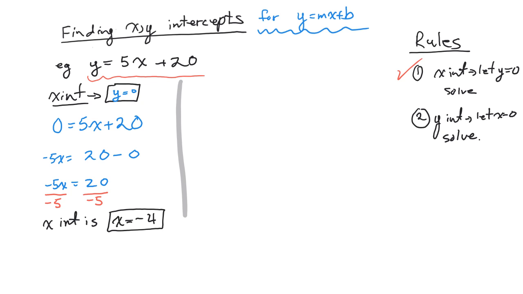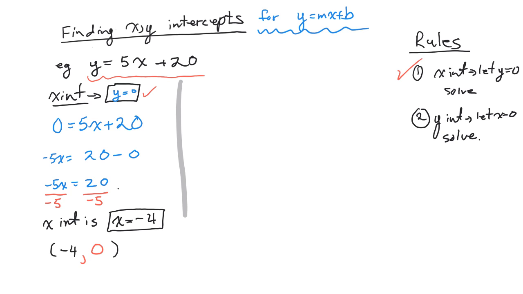Now, the x-intercept on a line is also a point. So remember earlier we said that our y value was equal to 0. So I'm going to put 0 for the second value of our point. And our x value in this case is minus 4.